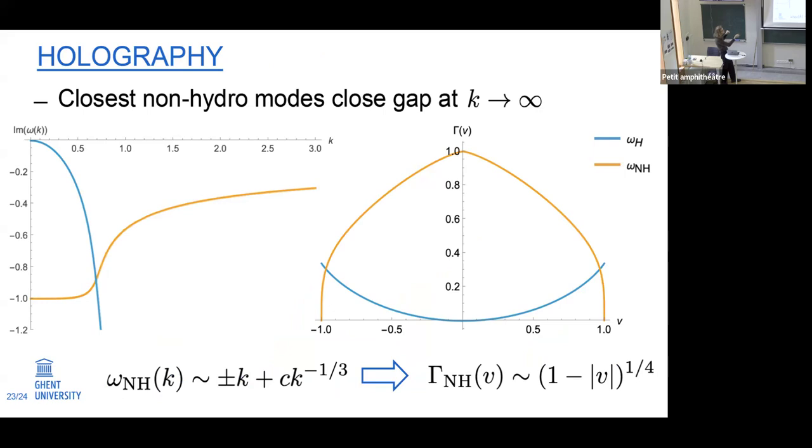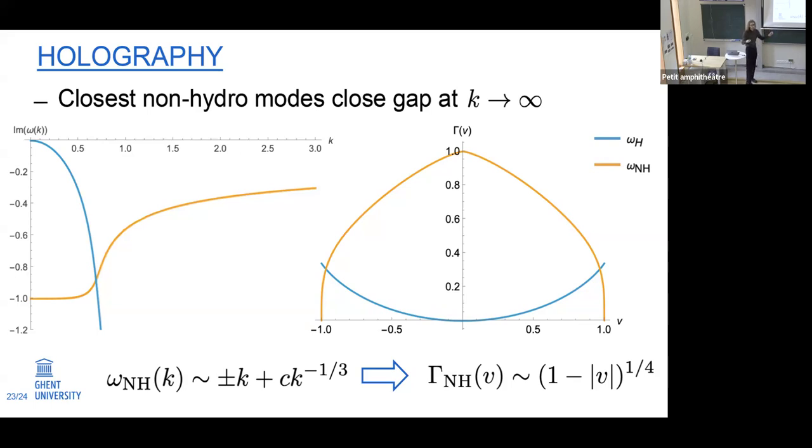And as a result of this, if you actually go close to the edge of the light cone, these non-hydrodynamic modes will start decaying slower and slower. And eventually, if you're right at the edge, they actually don't decay anymore, at least not exponentially. There will, of course, still be some polynomial decay, but this happens very slowly. And the reason is that this approach to the real axis happens with a power k to the minus 1/3. And this leads to having a power 1/4 here.